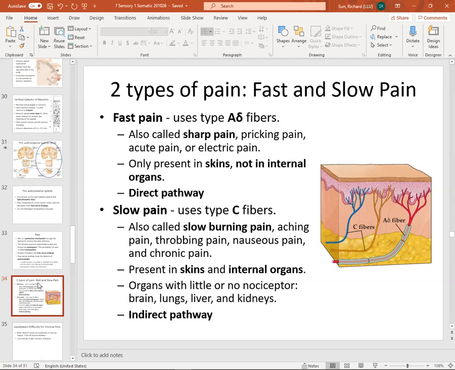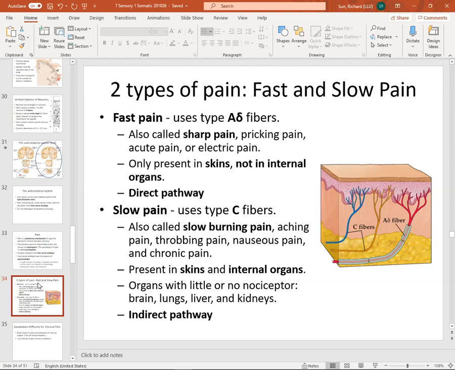A delta uses a myelinated fiber, and type C is not myelinated. And that leads to two types of pain. A delta is a fast pain, and a free nerve ending with the C fiber is a slow pain. So we have two types of pain: fast pain with the A delta, slow pain with the C.